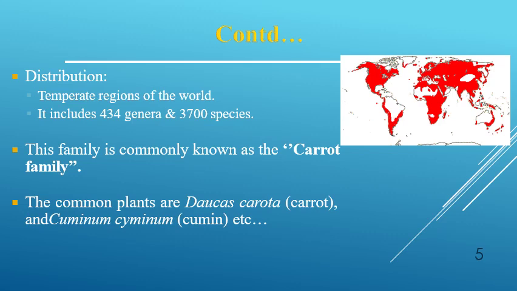And most of the plants belonging to this family are cultivated in the winter season. This family exhibits 434 genera and almost 3,700 species. This family is also called the carrot family, celery family, parsley family, or umbelliferae family.